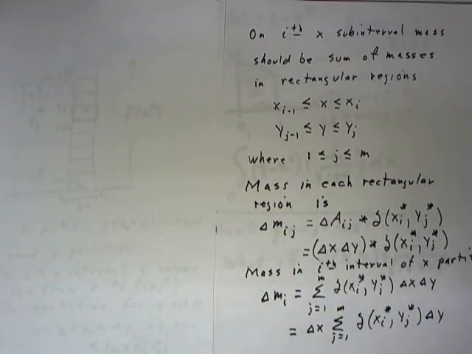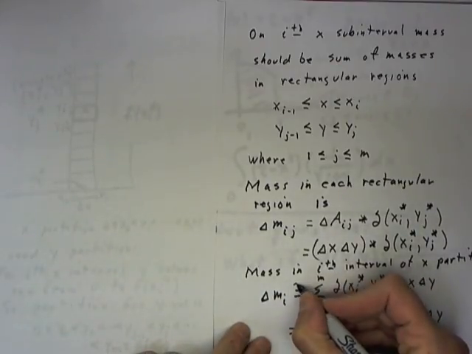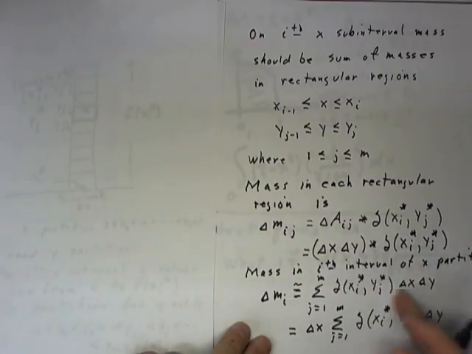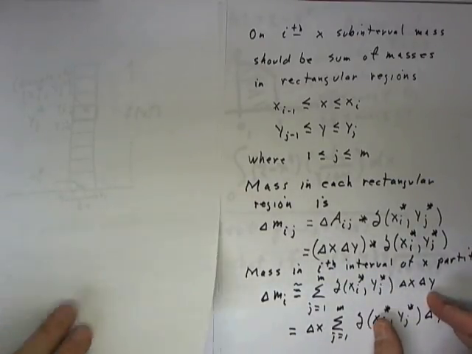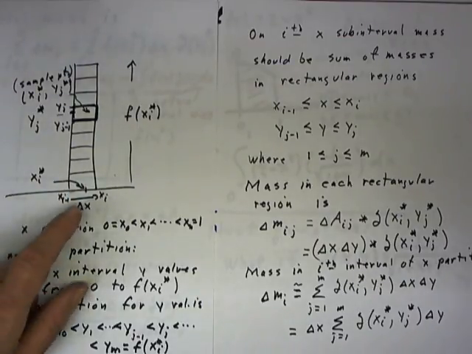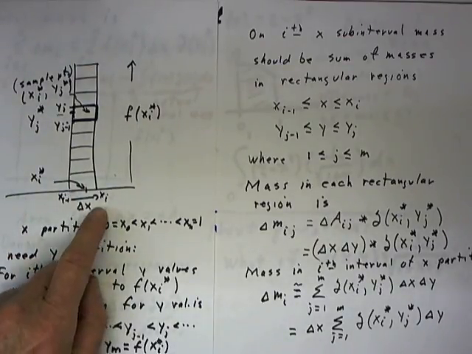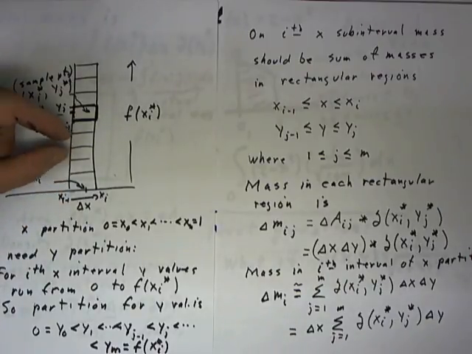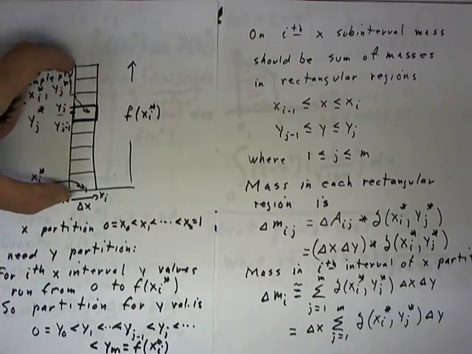Now, first of all, let's correct one little thing here. Our delta m sub i is approximately equal to this sum, so that we're saying that our mass on the ith x interval is approximately equal to the sum that we get when we partition the y interval.